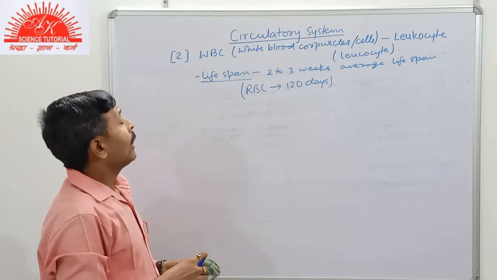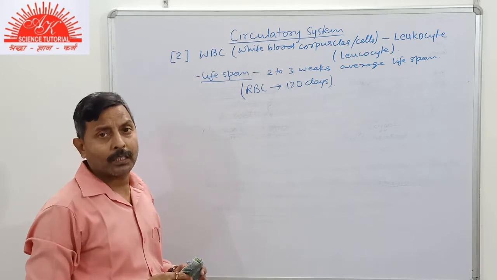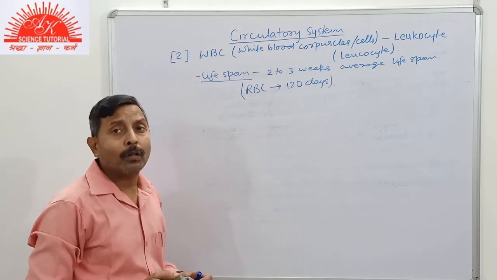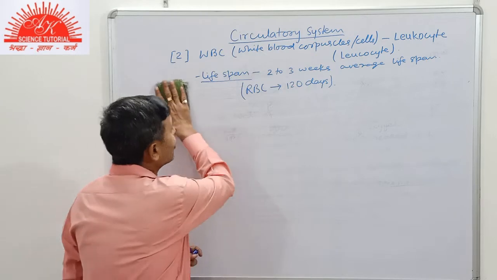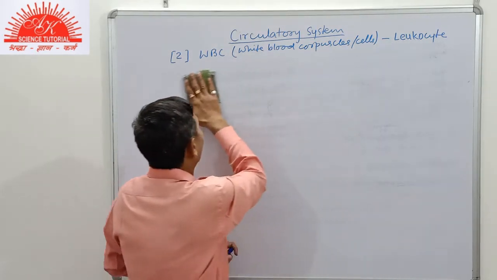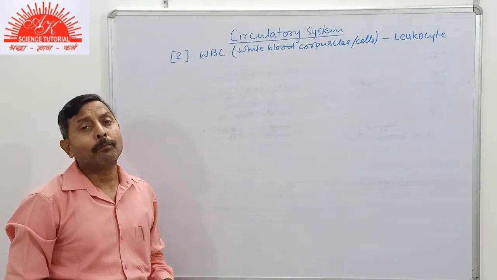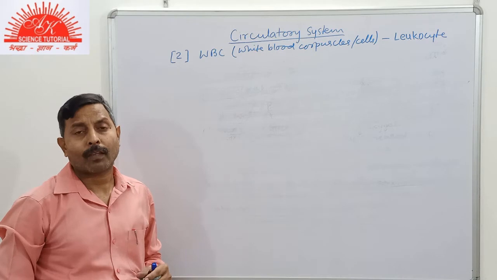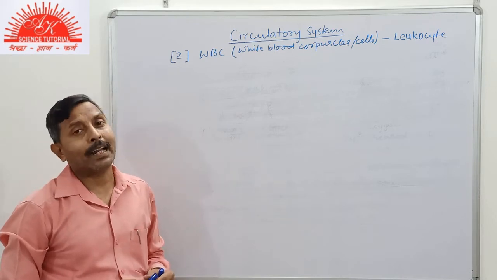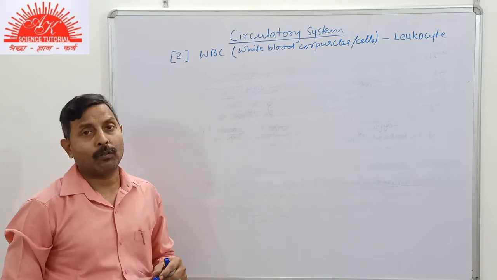But WBC is of different types depending upon its presence of granules in the cytoplasm or absence and other coloring factors. It is divided into major two groups, granulocyte and agranulocyte, that is granular or non-granular.